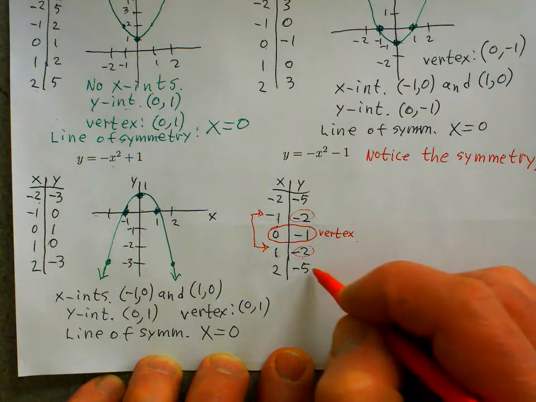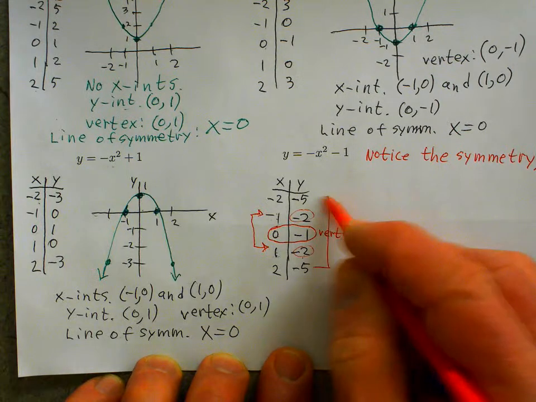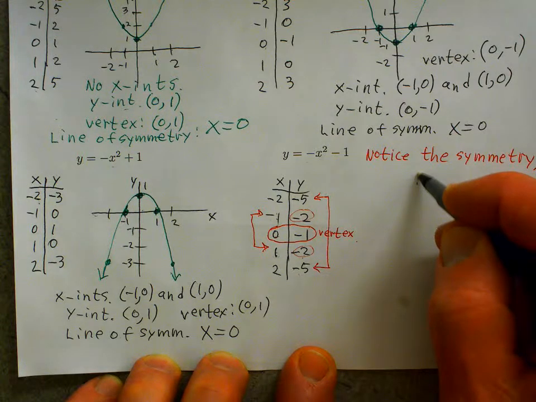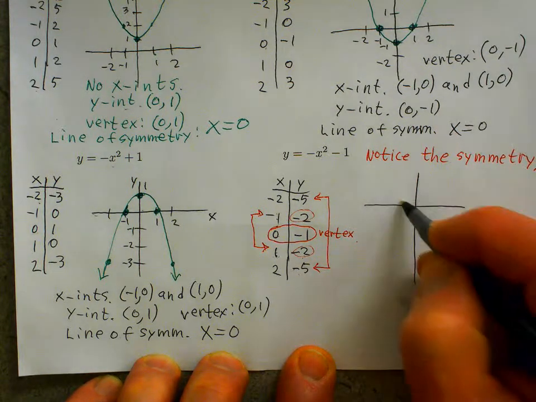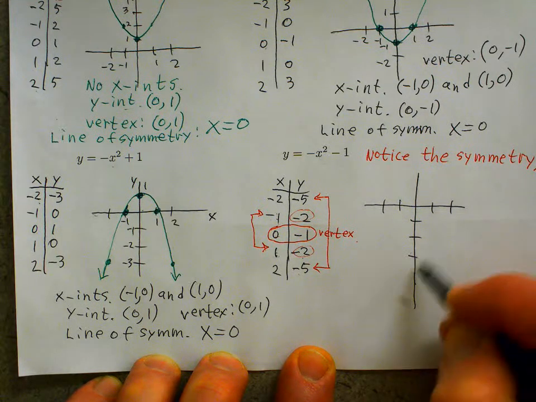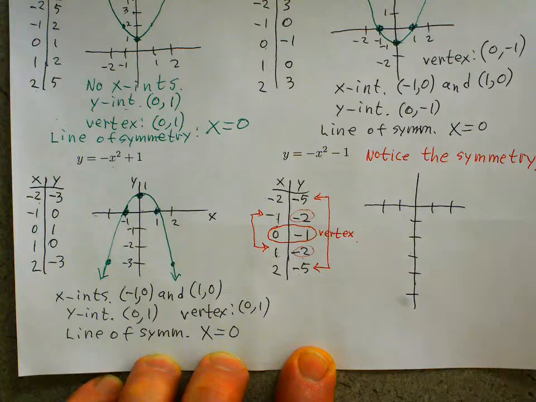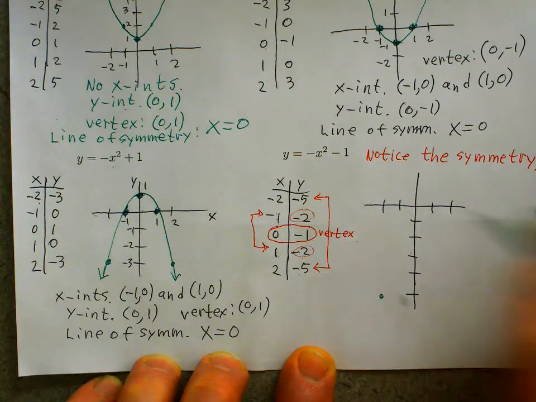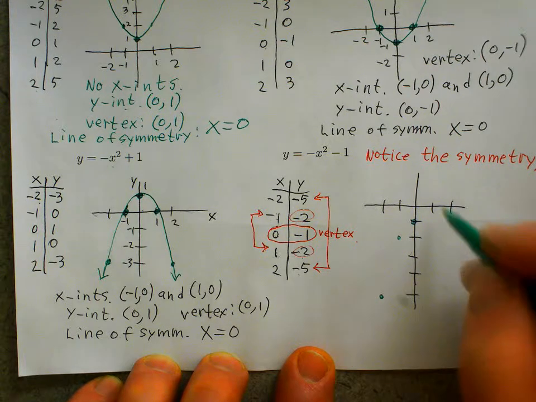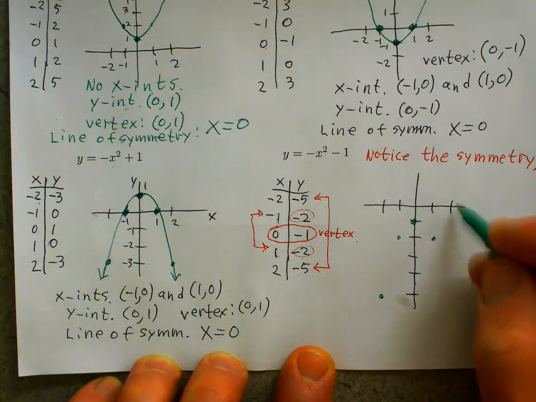And also by symmetry, the y-coordinates that go with -2 and +2 are also the same. Okay, but we'll plot these points. So -2, -5, -1, -2, 0, -1, 1, -2, 2, -5.